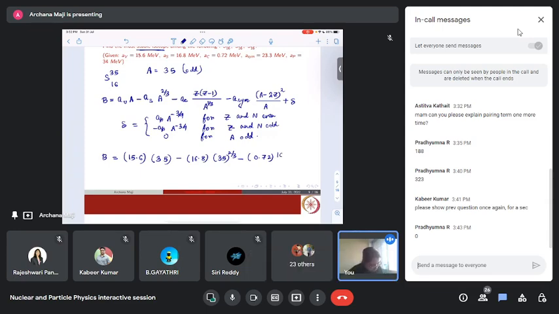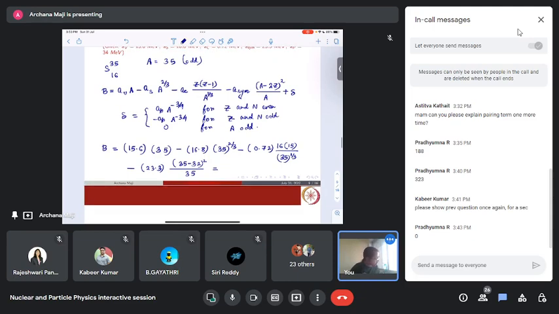Z is 16, and 16 minus 1 is 15, divided by A power 1/3, minus 23.3 into A minus 2Z square divided by A. So the answer will be 307.424 MeV.